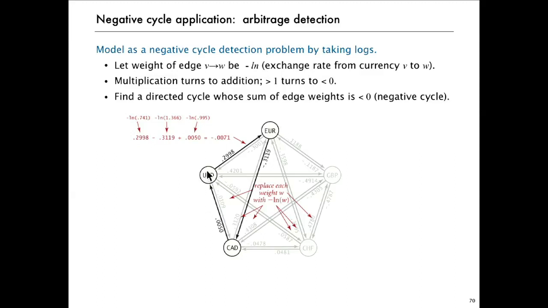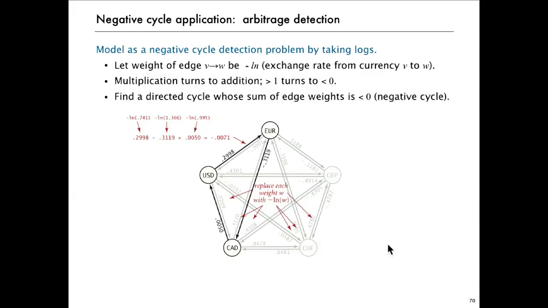If we're looking for the product of the exchange rates, that's the same as summing the logs. And since we took minus log, when we're trying to find a product bigger than 1, we're looking for a directed cycle whose sum of edge weights is less than 0. Find a directed cycle whose sum of edge weights is less than 0 in a complete digraph.